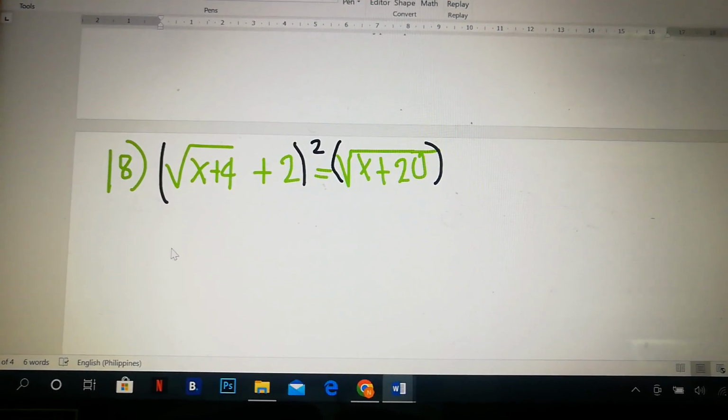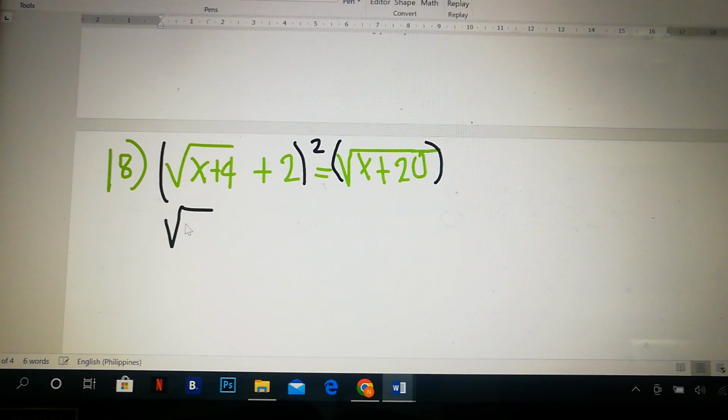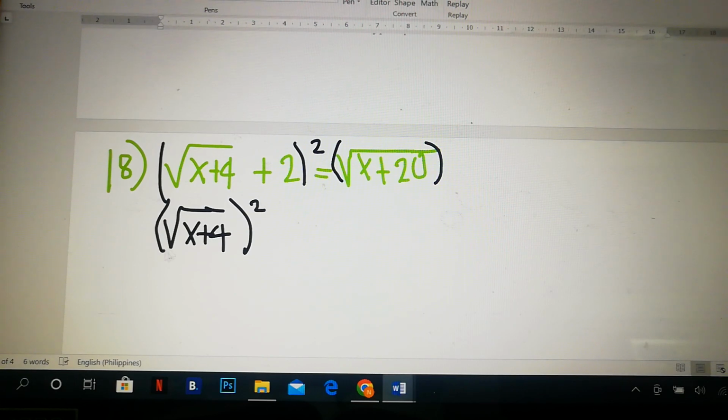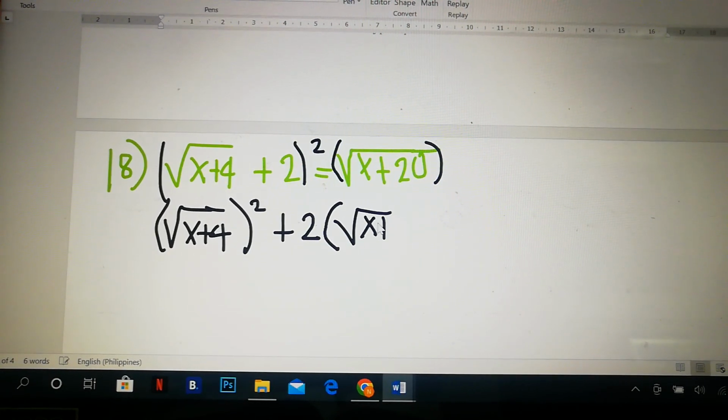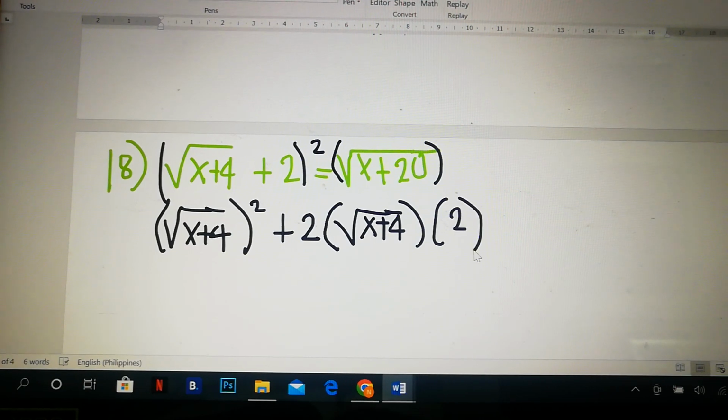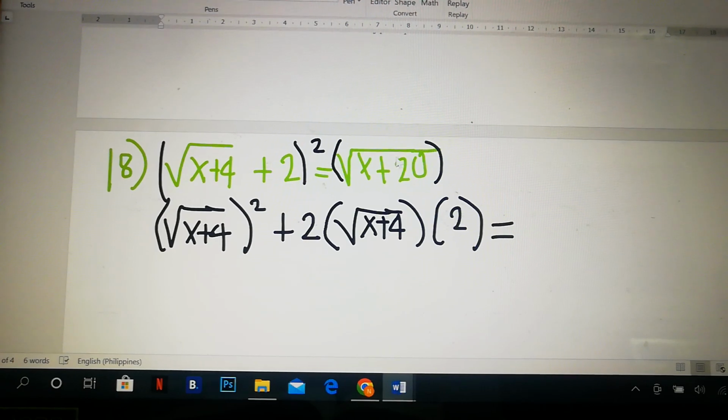So square the first term, square root of x plus 4 squared, plus twice the product of the first term, square root of x plus 4, times the second term, 2, is equal to, so if we square the left side, you need also to square the right side.